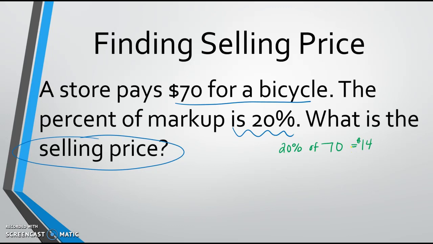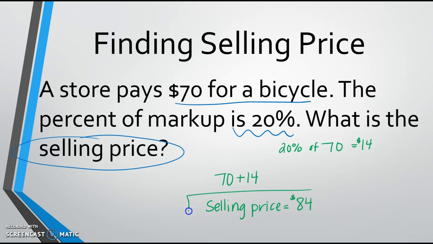So that means the store marked up their bike $14 extra. So the selling price is going to be the original price, $70, plus the amount that they marked it up, which is $14. So the selling price of this bike is $84. And that allows this store to make a $14 profit.